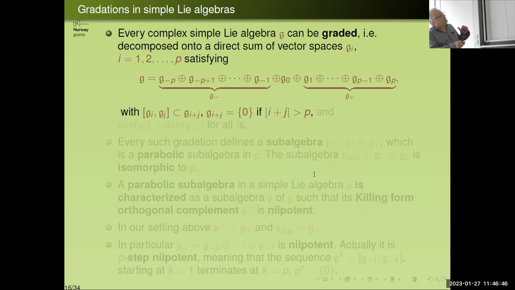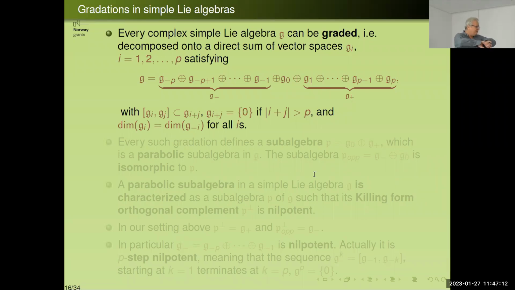So every simple Lie algebra can be graded in such a way that the decomposition is quite symmetric, meaning that every graded component of, let's say, i is of the same dimension as that of minus i. This symmetric gradation is a characteristic feature of simple Lie algebras.